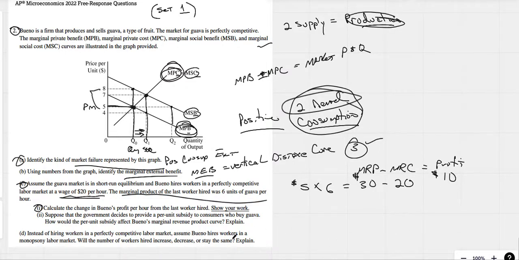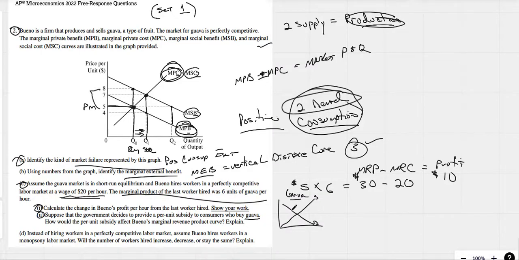Suppose the government decides to provide a subsidy to consumers who buy guava. How would the per unit subsidy affect Bueno's marginal revenue product curve? Well, this is why everybody hates labor, because there's a lot of places they can start. So let's just say there's a subsidy given for guava. I'm just going to draw a simple supply and demand curve for guava, starting all the way back with the good.